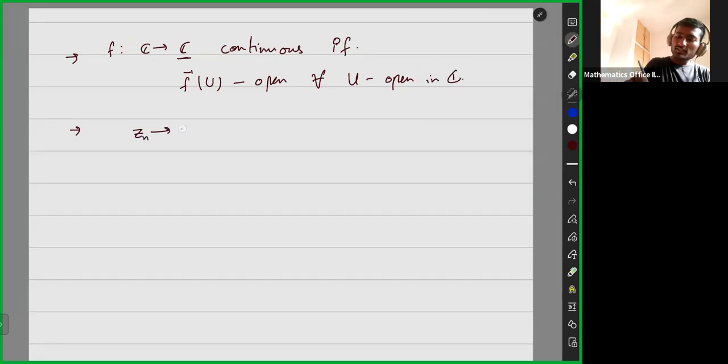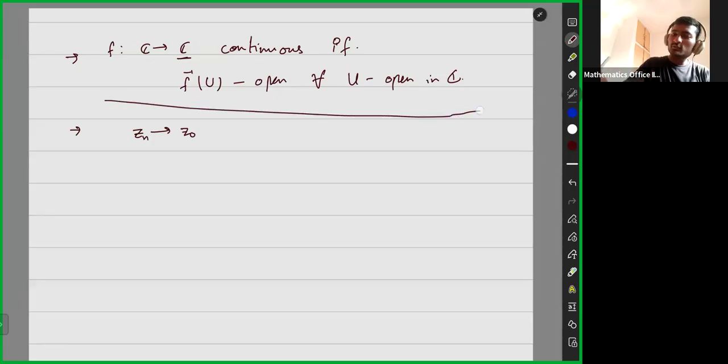Here the point is not mentioned, but here we say f is continuous at z naught.